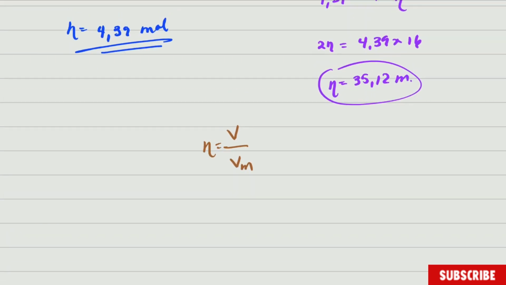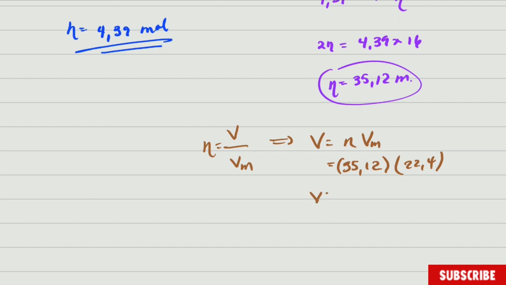You're looking for volume. So if you rearrange, I am going to rearrange even though I don't like it. I like to substitute first. So volume is equal to number of moles multiplied by the molar volume. And therefore this one is 35,12 multiplied by 22,4.